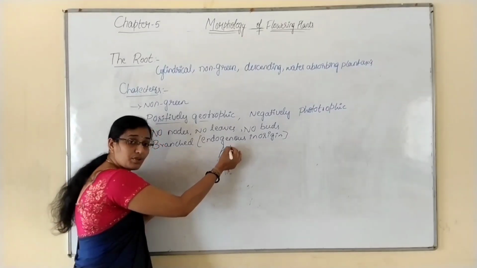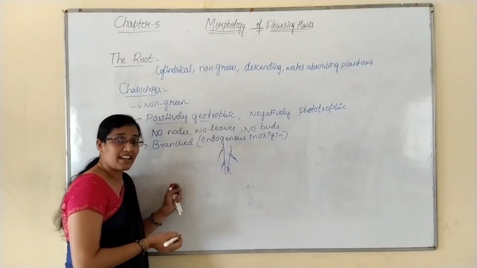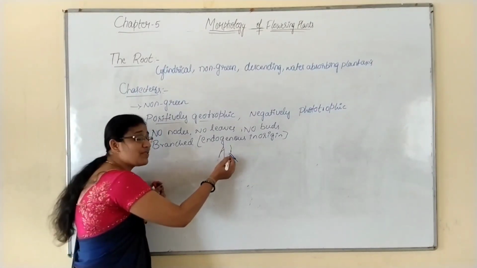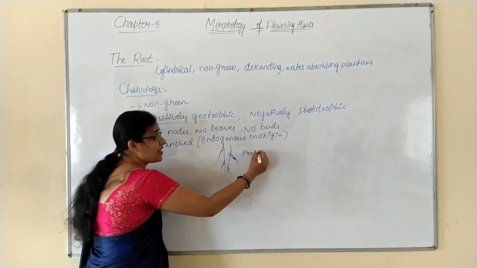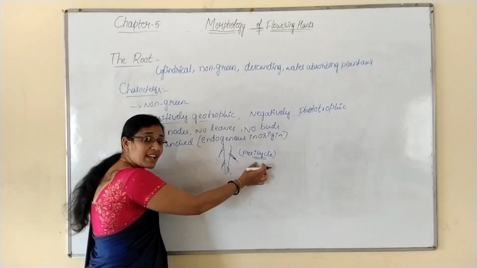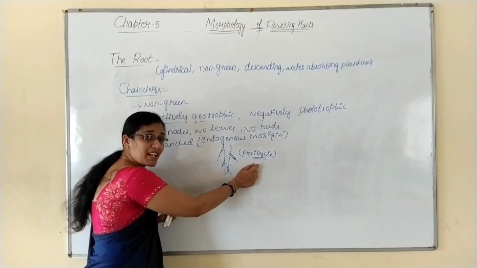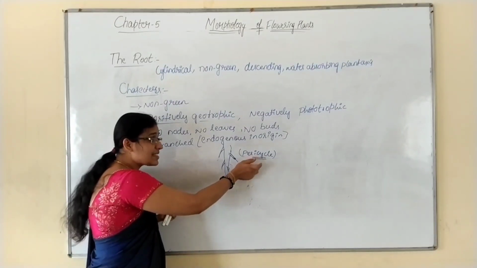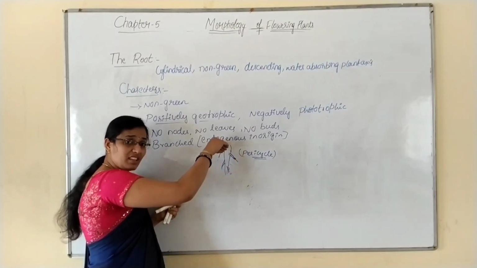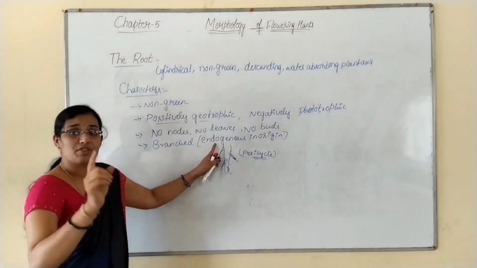These lateral roots, these branches, usually arise from the pericycle. Let us speak about this pericycle when we are talking about anatomy, then you will come to know what it is. Pericycle is usually made up of parenchyma cells present within the root. From the pericycle the branches of the roots arise.